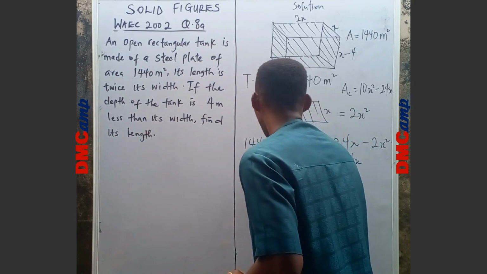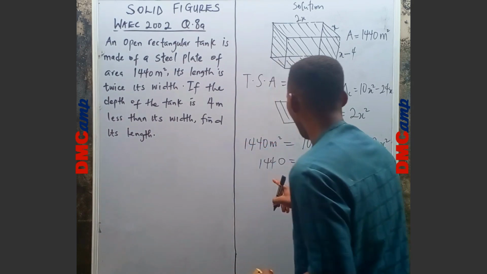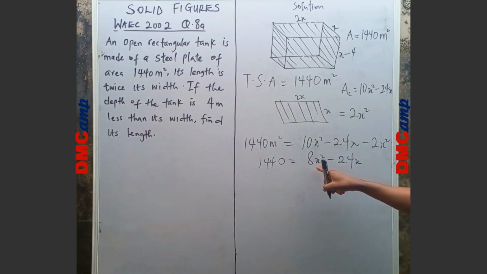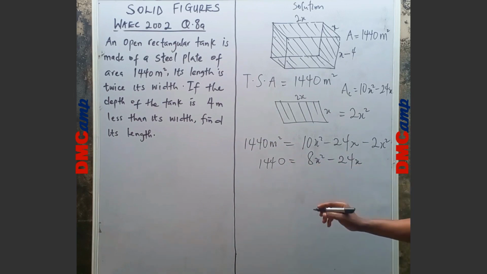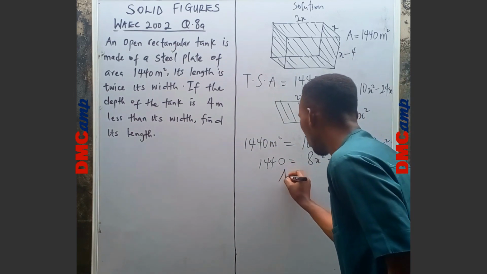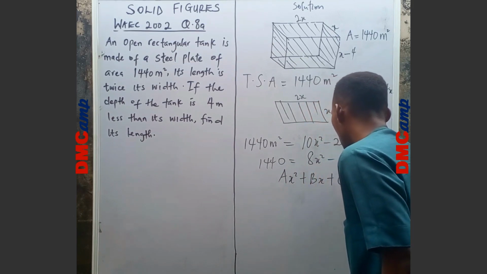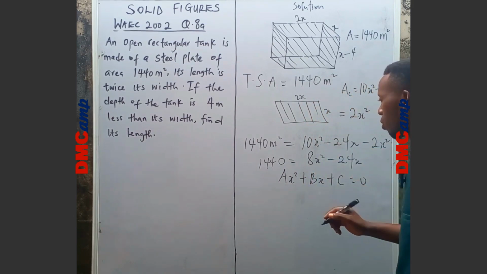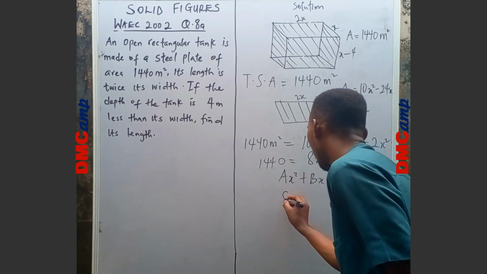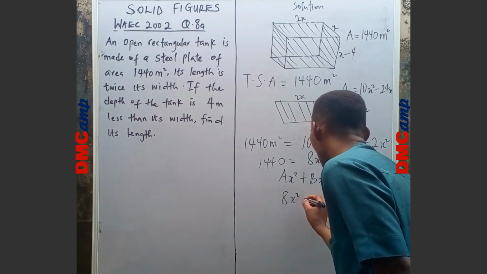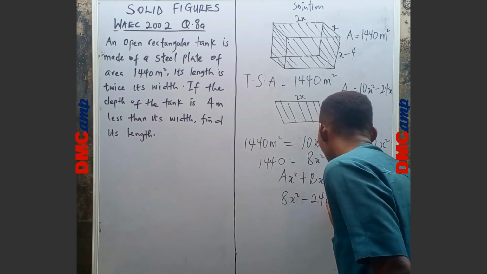So here we have 1440 equals 8x squared minus 24x. If we rearrange this and make it in the form of a quadratic equation, ax squared plus bx plus c equals 0, here we are going to have 8x squared minus 24x.